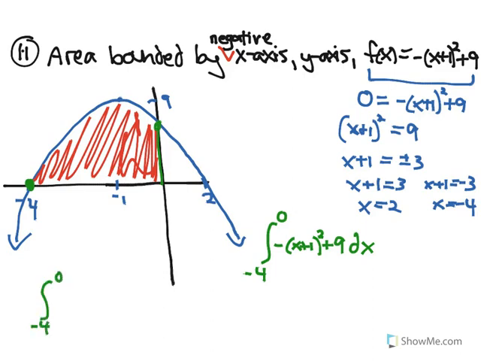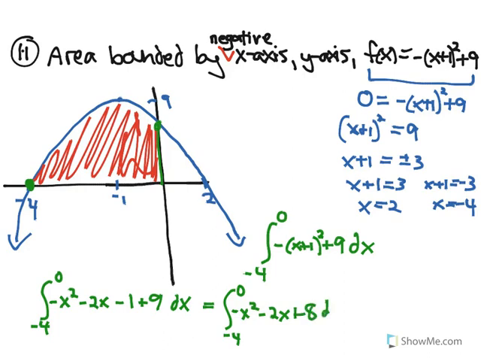So this is the integral from negative 4, negative, it'll be x squared plus 2x, so negative 2x. You'll get plus 1 when you multiply the brackets out, and negative 1 plus 9 dx, which equals the integral from negative 4 to 0 of negative x squared minus 2x plus 8 dx.